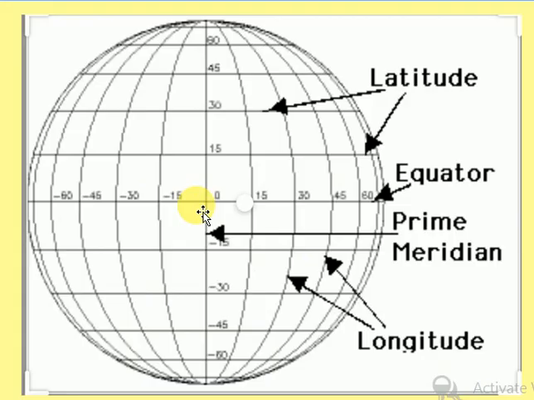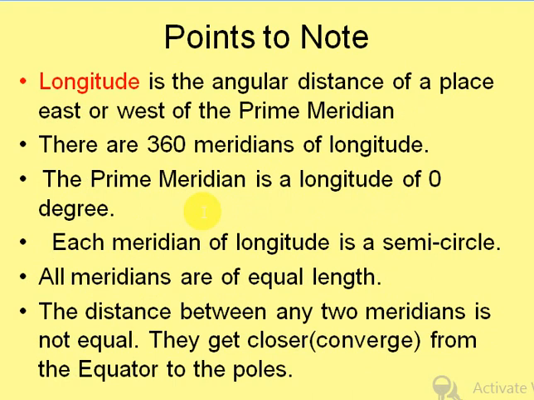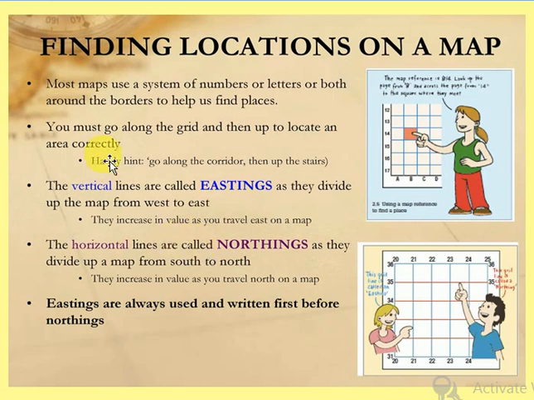So we have discussed both latitudes and longitudes, and the difference, and this will help you to find the exact location of the place. Now let us move towards how you can find the location on a map. Most maps use a system of numbers or letters or both around the borders to help us find places.